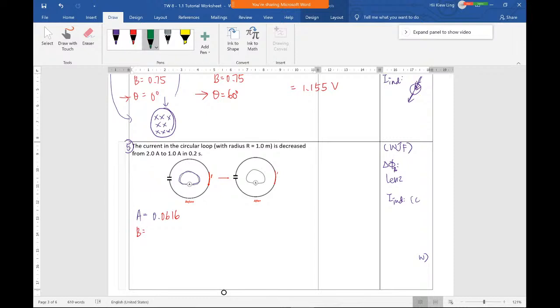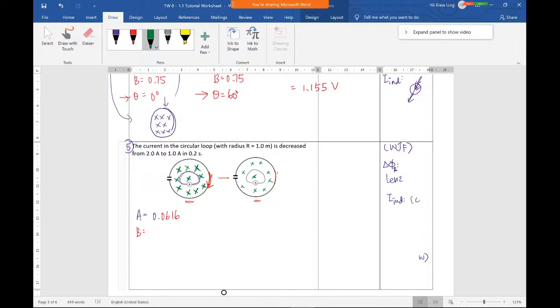The magnetic field felt by the loop in the center: according to the right hand grip rule, when current at the outer loop goes in this direction, it will produce a magnetic field going into the page. Both will produce a magnetic field going into the page. The difference is that the higher current produces a larger magnetic field.